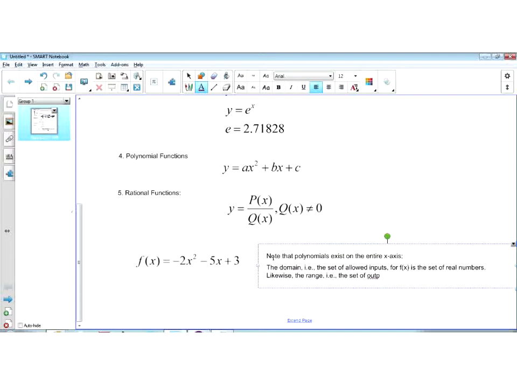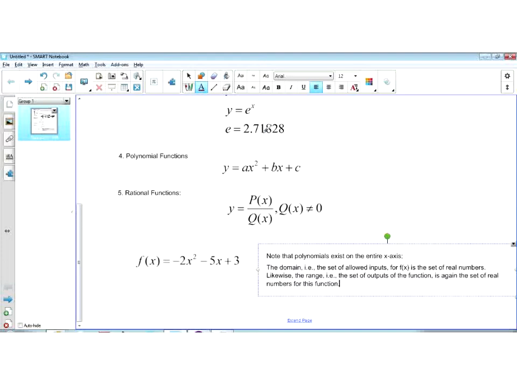All right. So the range is the set of outputs of the function. Likewise, the range, which is the set of outputs of the function, is again the set of real numbers for this function. Okay, so we have the domain and the range, and of course, the only time domain and range issues become things that you have to really consider would be dealing with rational functions or special functions.